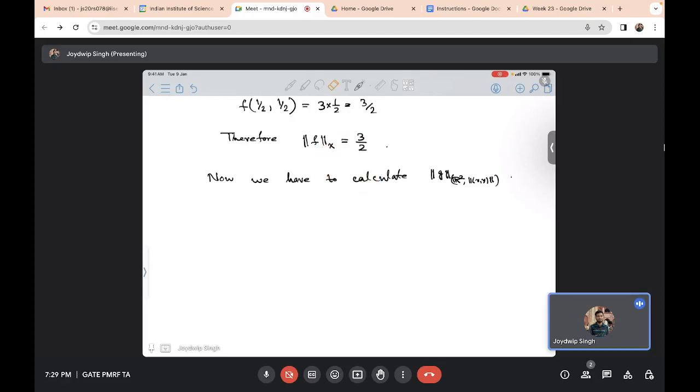G is a linear functional on R2. So this is a well-known result.